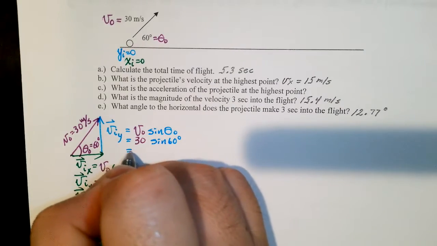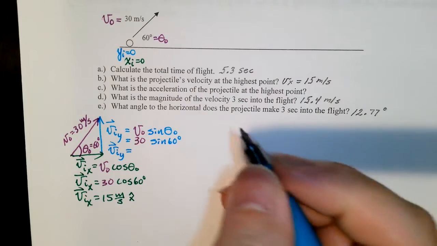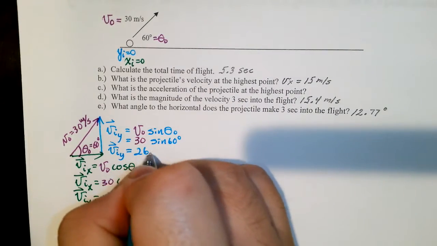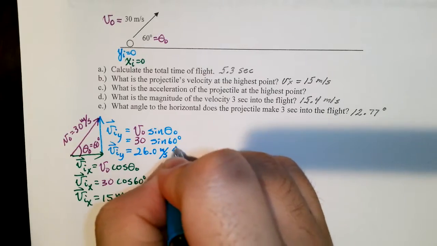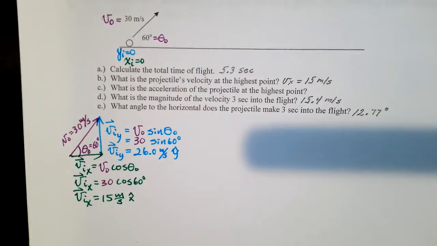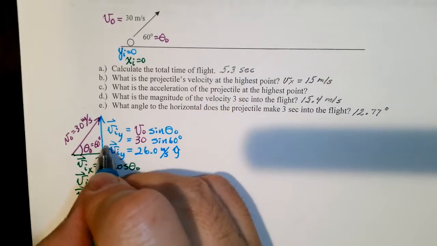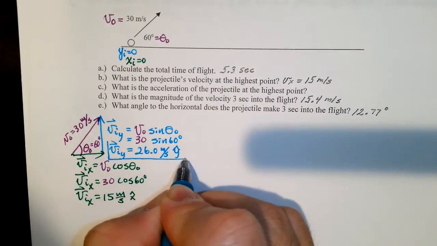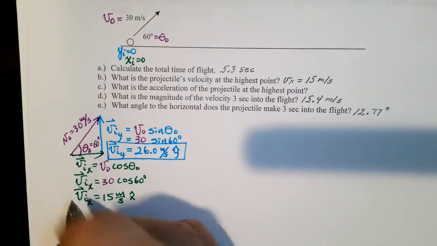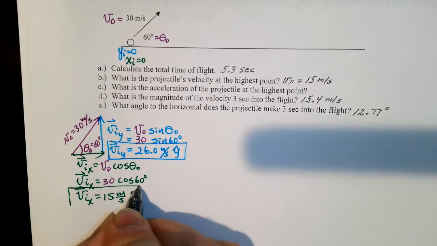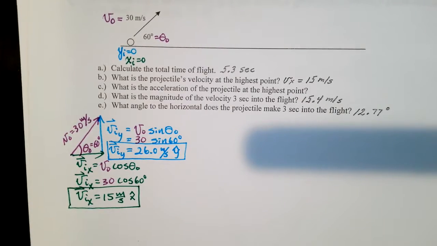So my VIY comes out to 26 meters per second y hat. These are very good things to know. That's the first thing you should always do, calculate VIX and VIY before you even start the problem.